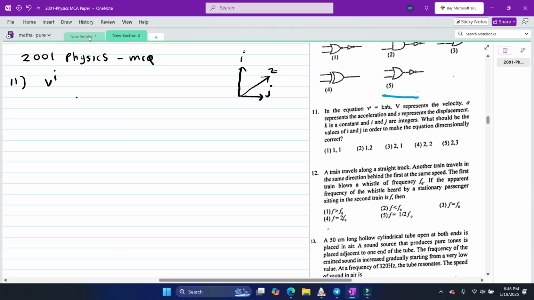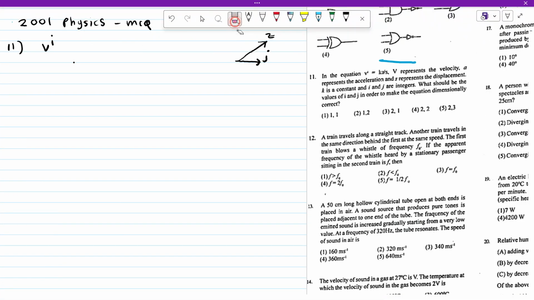So let's move on directly with the question itself. V^i equals K A^j S. Here we'll write them in a dimensional format, equals K constant in its dimensions into A in its dimensions into S in its dimensions.